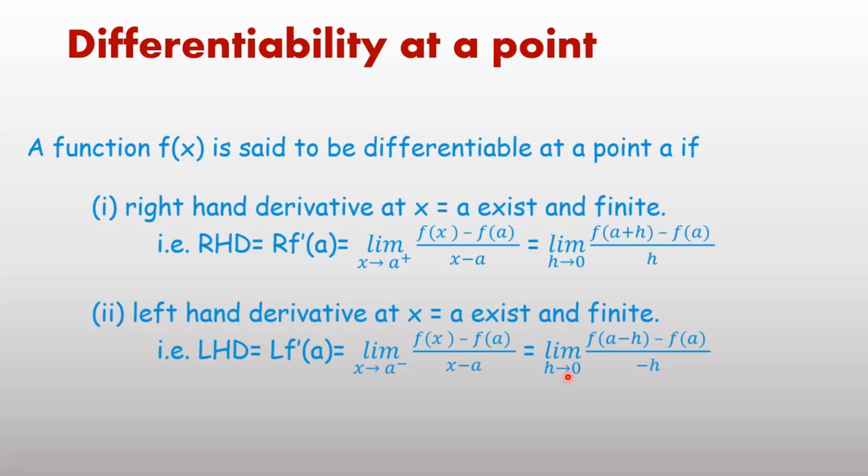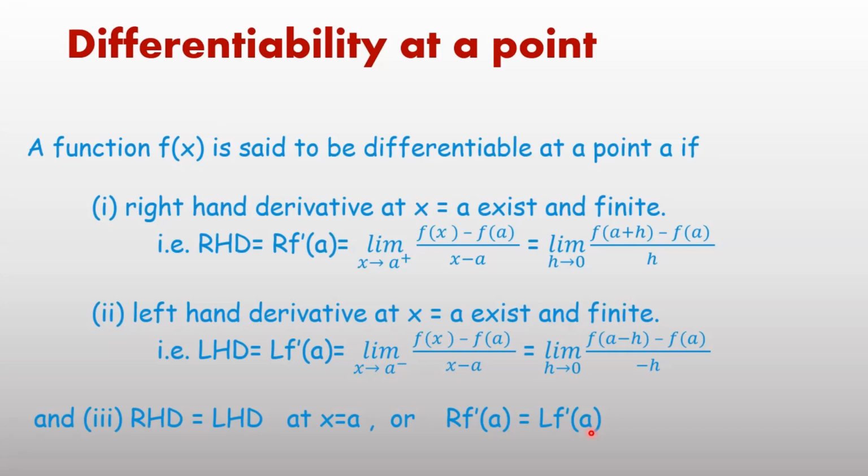Any function is said to be differentiable if the left hand derivative and right hand derivative both exist and both are equal at that point. It means the right hand derivative equals the left hand derivative at x equal to a, or you can say R f dash a equals L f dash a at x equal to a.